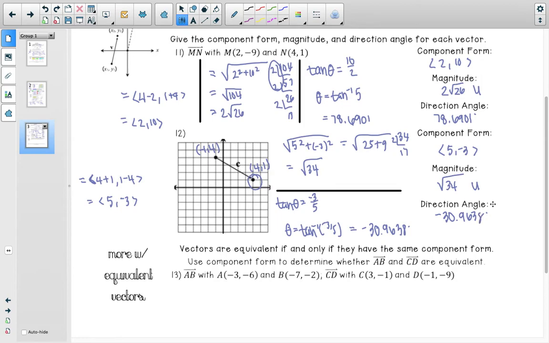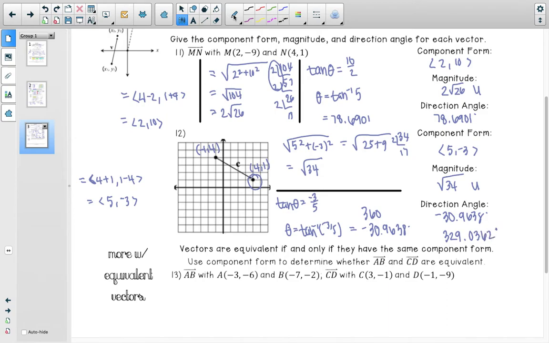You can write it that way. There's another way you can write it instead of a negative angle: you take 360 minus that. So we take 360 minus that answer. That gets you 329.0362.